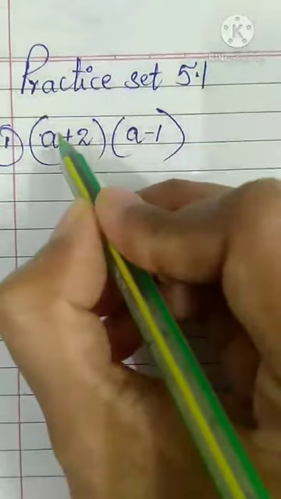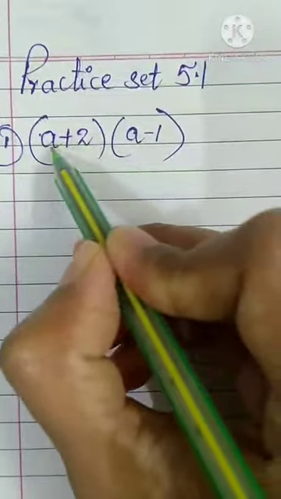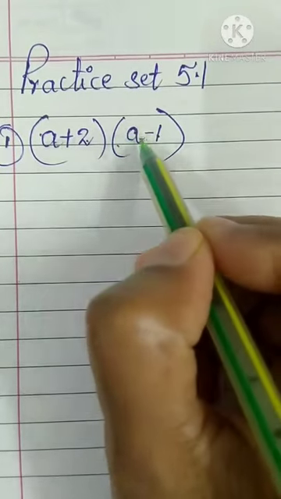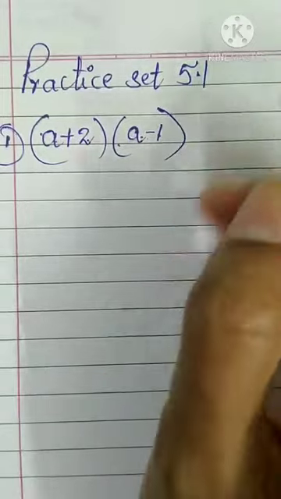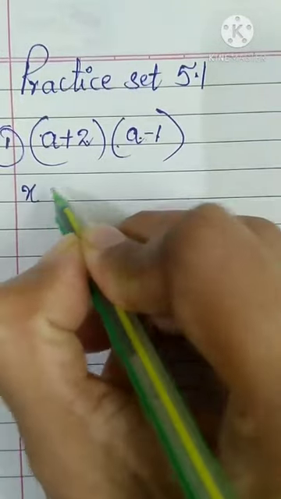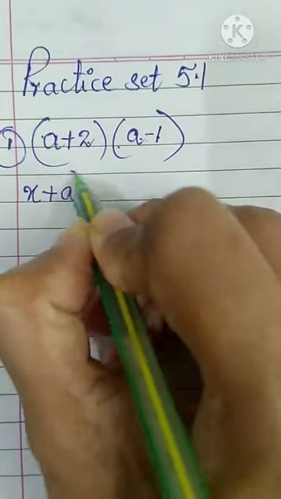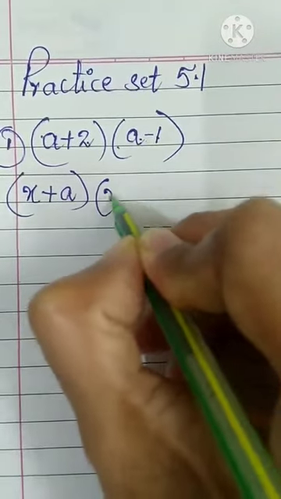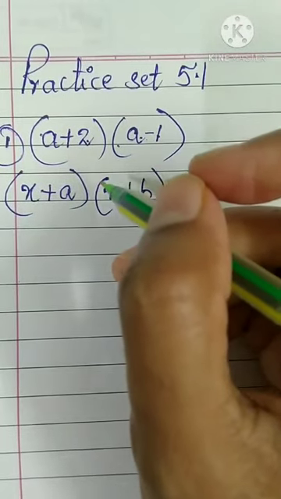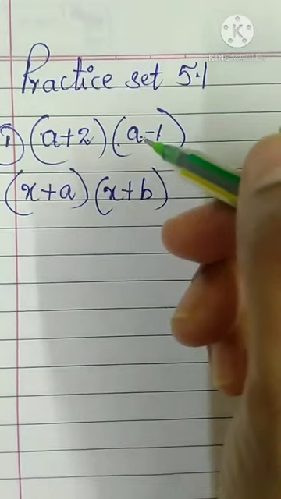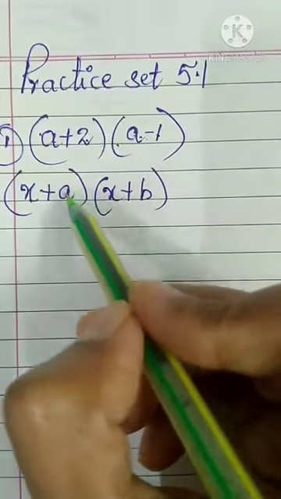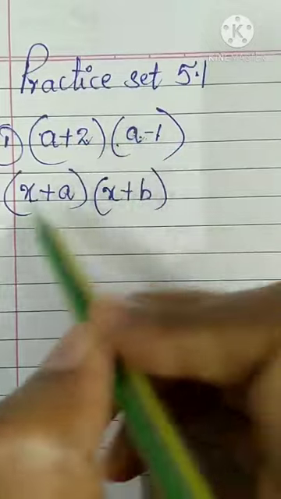Which is the formula? Here, as you can see the question, A plus 2 and A minus 1. First term is same, but the remaining terms are different. So you will recollect the formula. Okay, we have learnt one formula where you have x plus A multiplied by x plus b. Correct, no? You have learnt this formula where one term is same, whereas the other two terms are different.